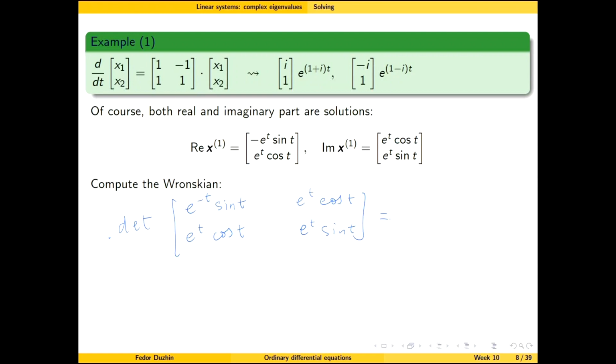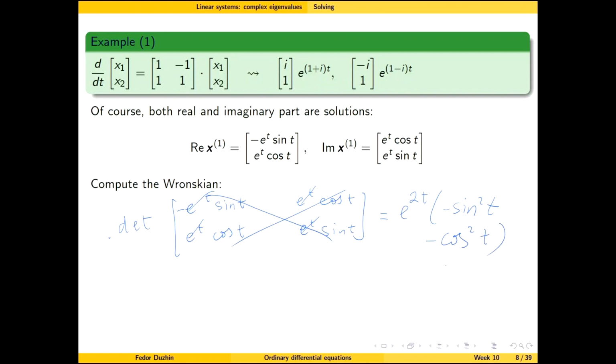Now let me take out e to the t from here and another copy from here. So this is e to the 2t. The rest is minus sine squared t if I multiply like this, and minus cosine squared t if I multiply like this.